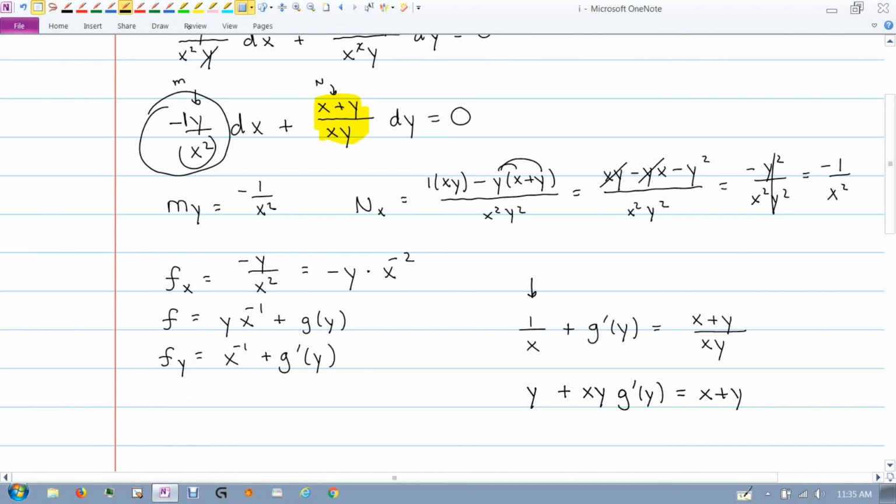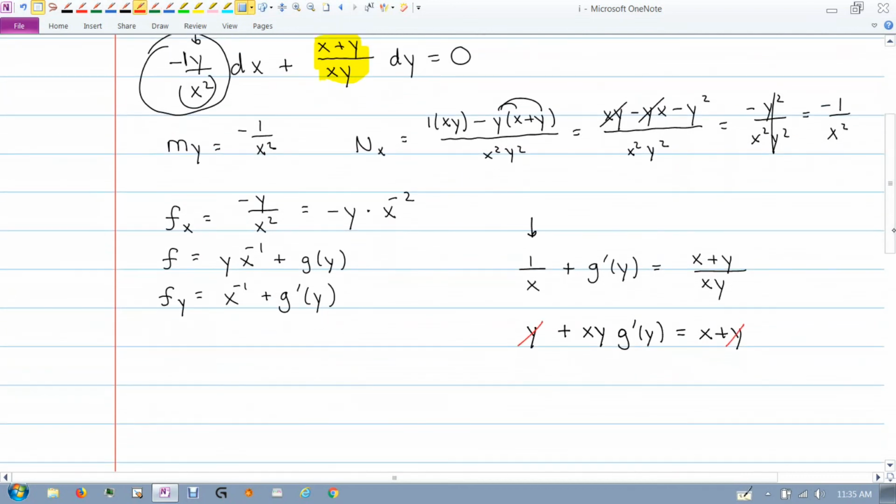Now let's subtract y from both sides, which gives us that. And then at this point, divide by x. So divide by x and we get that. And then let's divide by y. So g prime of y must be 1 over y. And that means g of y must equal the natural log of y plus some constant that we don't care about, right?